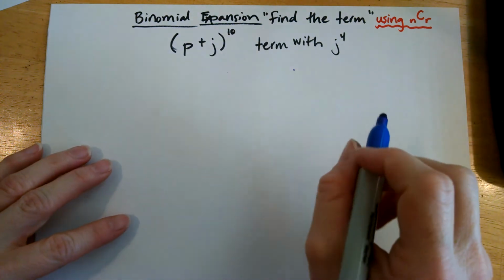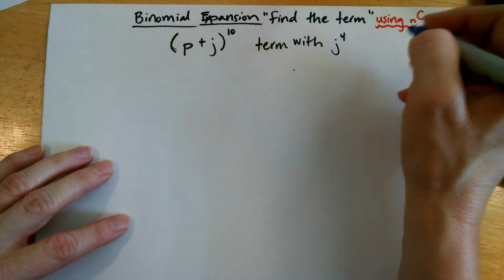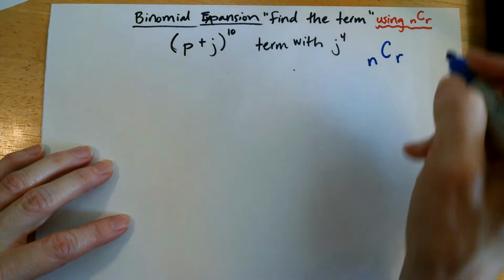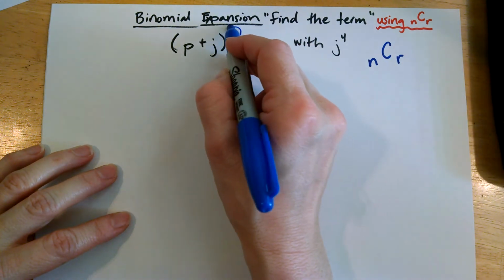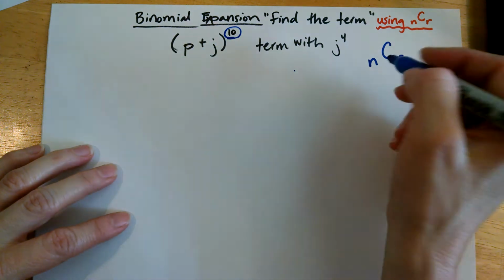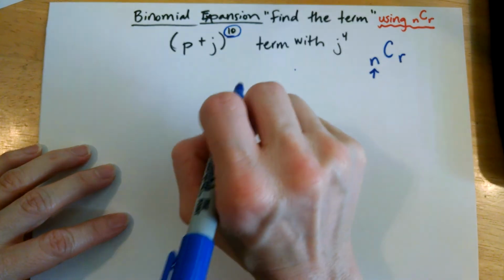Okay, so let's explain what the NCR means. The N in NCR relates to the exponent right here of your actual binomial. So that's always going to be that number right there.